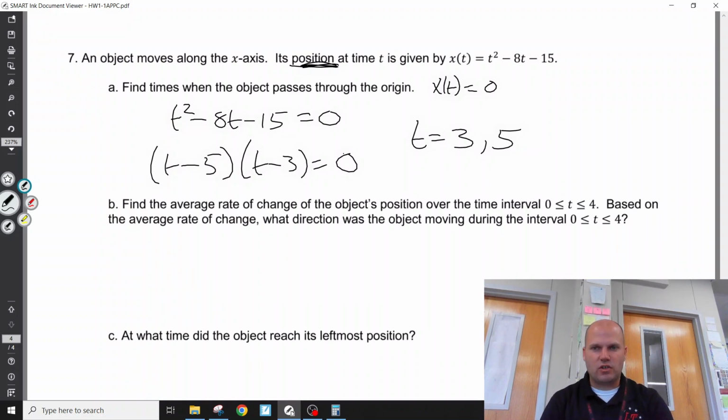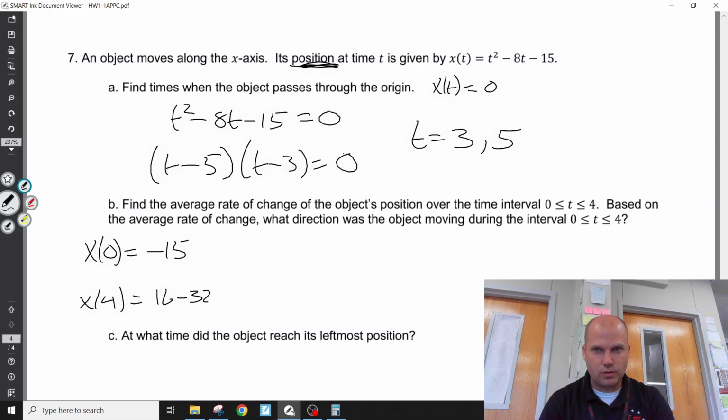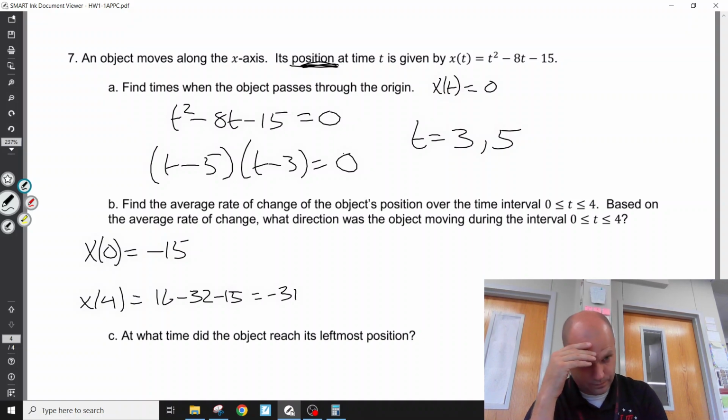Okay, average rate of change from 0 to 4. I started at -15. I ended up at 16 minus 32 minus 15. So that's -16 minus 15, which is -31.